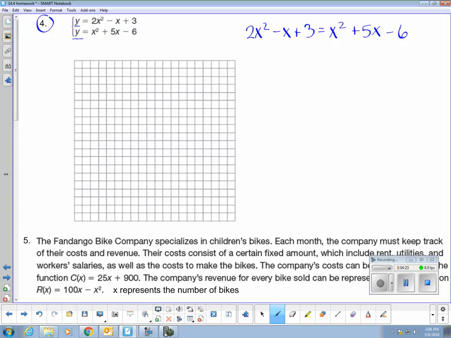So I'm going to begin by subtracting x squared. The reason why I'm going to subtract x squared is so that when I bring the x squared to the left and I subtract, I'm left with a positive x squared value. Makes it easier for factoring or completing the square or even using the quadratic formula.